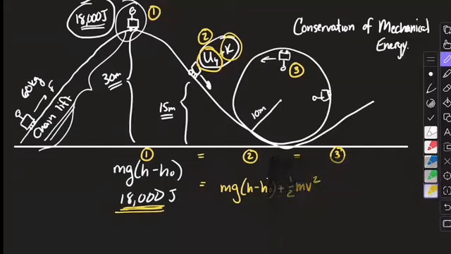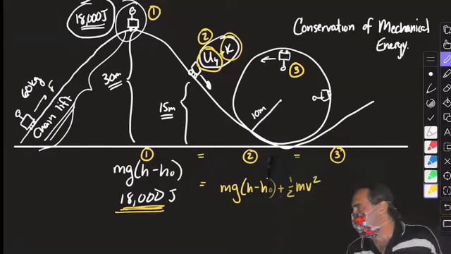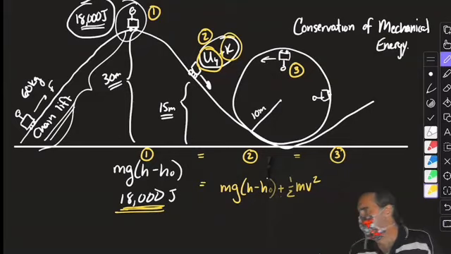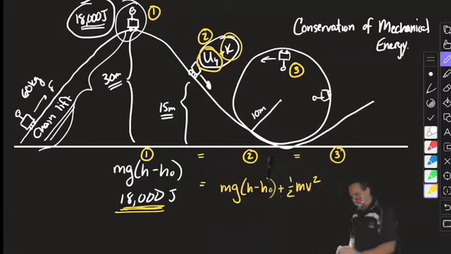All right, so where do we want to start with state 3? We should probably set up the equation first and plug in any known variables. Okay. So we're using the mg times height minus height naught plus 1/2 mv squared, right?